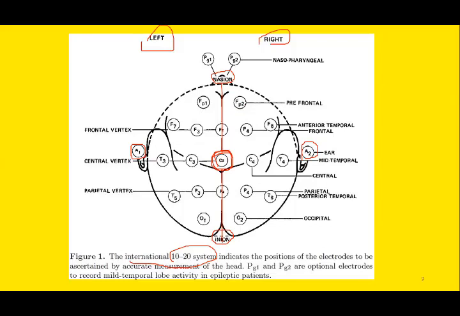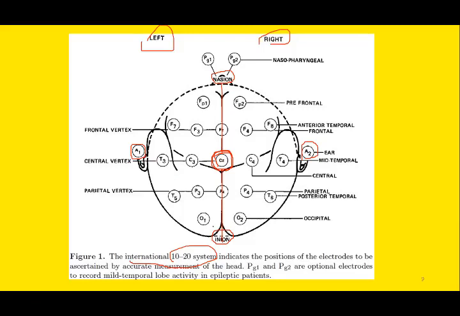You can see F1, F3, F7. The odd number frontal electrodes are placed on the left side, and the F2, F4, F8, the even frontal electrodes, are placed on the right side. Same is the case for temporal, parietal, and occipital electrodes.